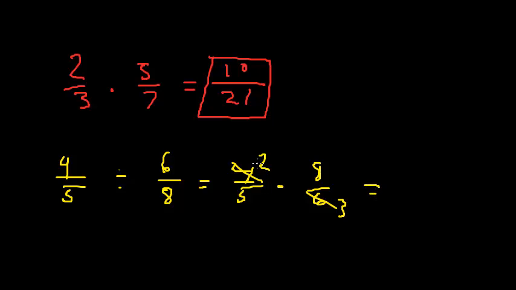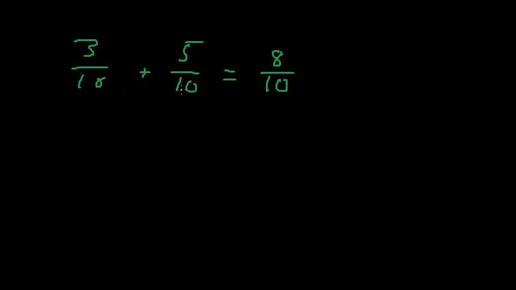So now I can multiply here. 2 times 8, 16. 5 times 3, 15. And this is my answer in lowest terms. As long as I cancel out all of the common factors before multiplying, my answer will always be in lowest terms. I can double check here, and there are no common factors between 16 and 15. So indeed, it is in lowest terms.